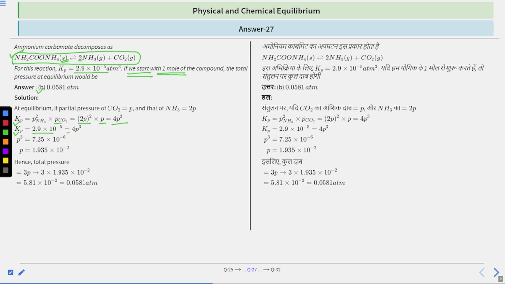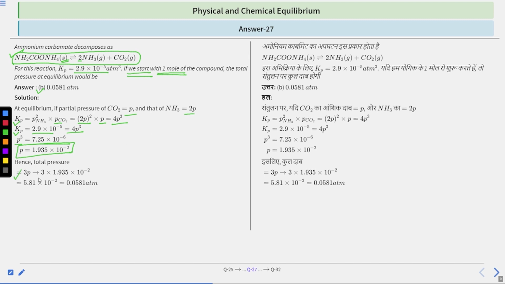So 4P cube equals this, and now we can find that P cube is equal to 2.9 divided by 4, which is 7.25 into 10 to the power minus 6. From this we take the cube root of 7.25 into 10 to the power minus 6. So P will become equal to 1.935 into 10 to the power minus 2. Right, now the total pressure at equilibrium is P plus 2P, which is 3P.